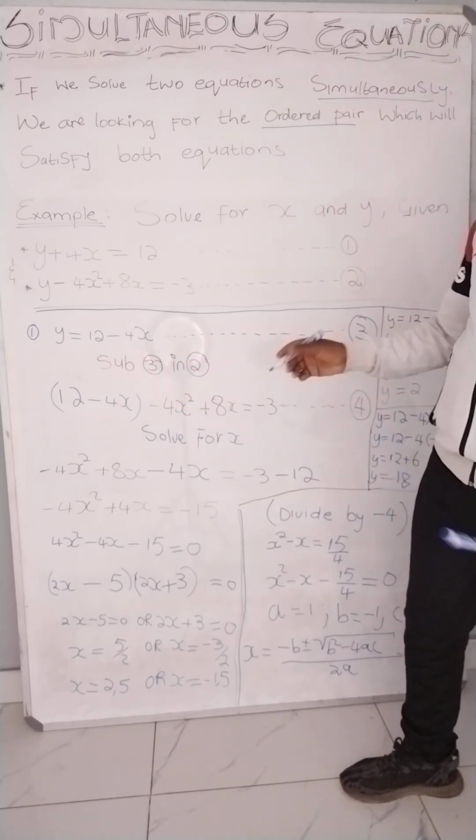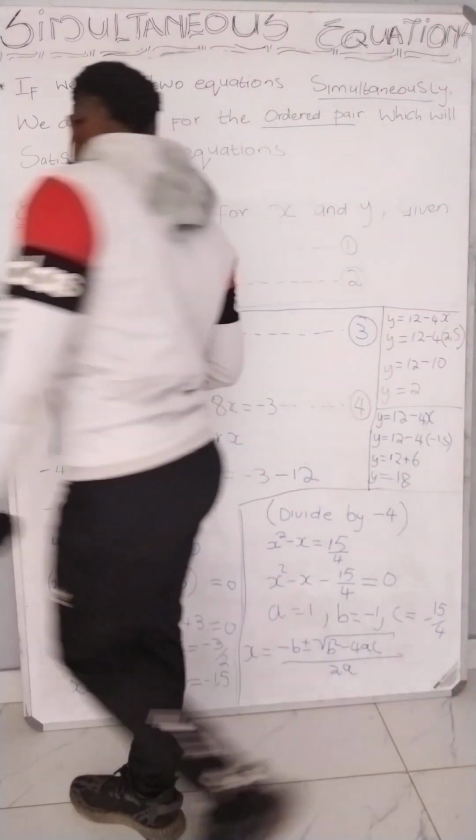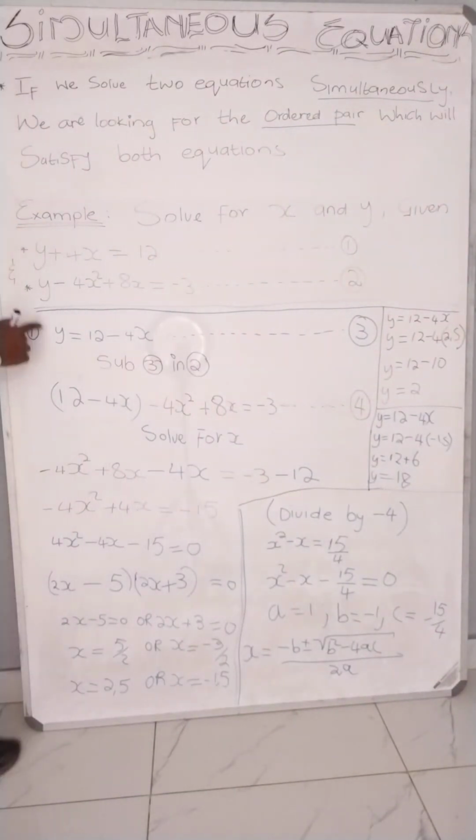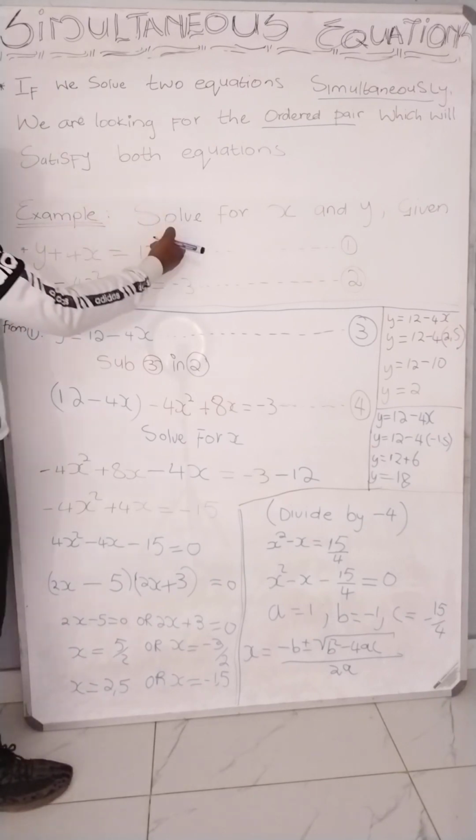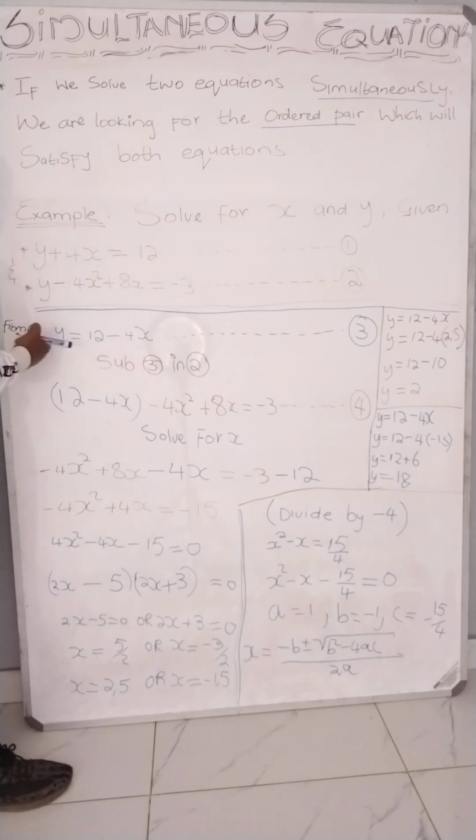Usually they will write for you that from 1, because we took it from 1. From equation 1, we can take 4x to that side, and then we have y is equal to 12 minus 4x. So we made that from 1.